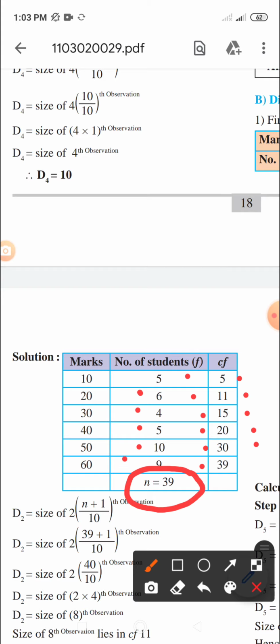And 30 plus 9, that is 39. One trick to check whether the calculation of n is correct: the CF of the last ungrouped data, that is 39, is equal to the value of n.